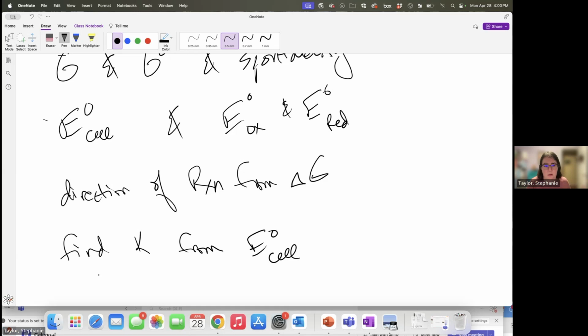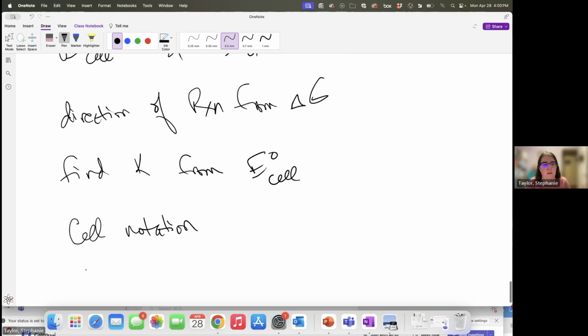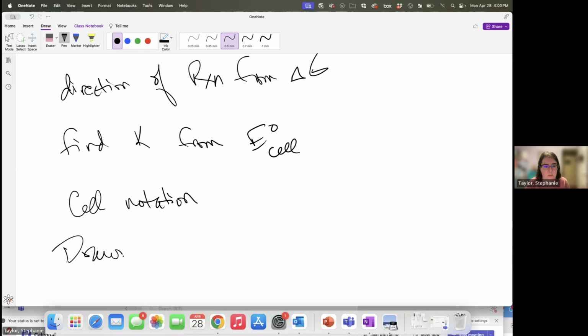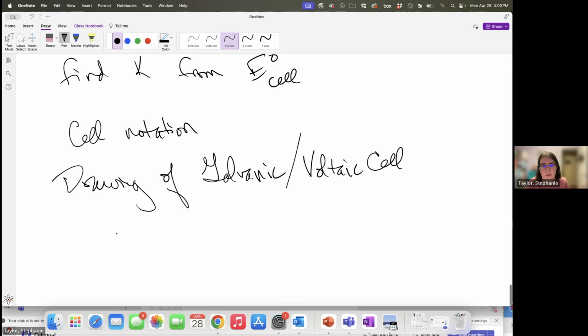And then do we need to know drawing of the galvanic cell? Can you do a cell notation problem, please? Great. Anything else? Yeah, that is all I see for now.